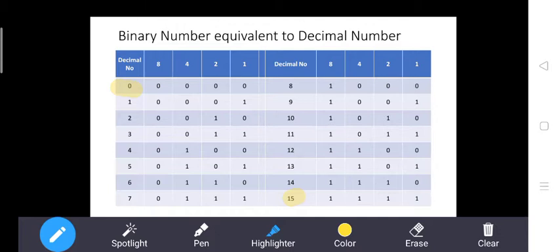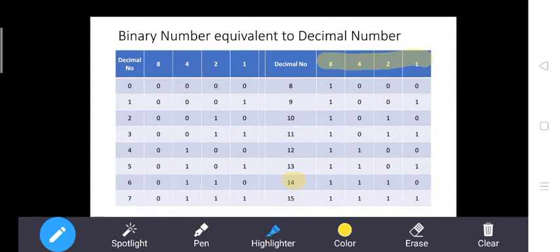Okay, so how this table is formed, we can obtain any binary number very easily. Randomly, I take one number, 14. I want to convert this decimal 14 into the corresponding binary number. If you observe, there is written 8421.